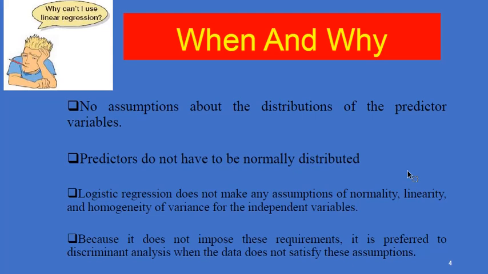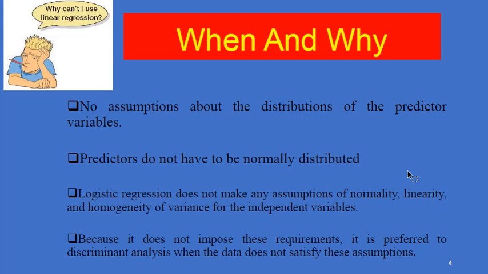Logistic regression does not make any assumptions of normality, linearity, and homogeneity of variance for the independent variables. So all these conditions which were necessary to be satisfied in the case of linear regression, we are not handling now. In logistic regression, there is no assumption of normality or linearity in the independent variables.